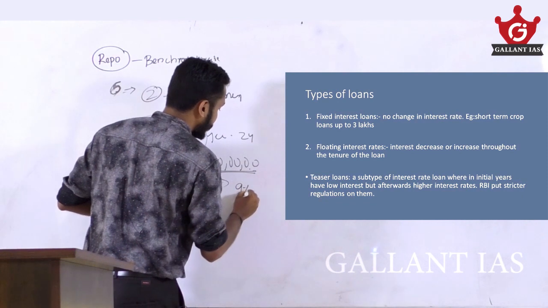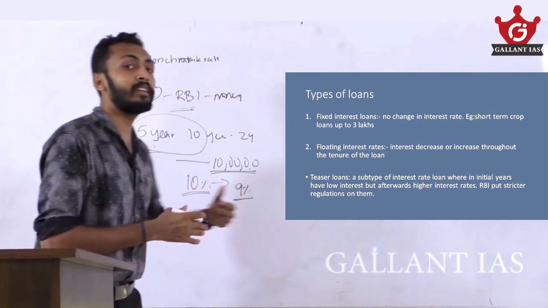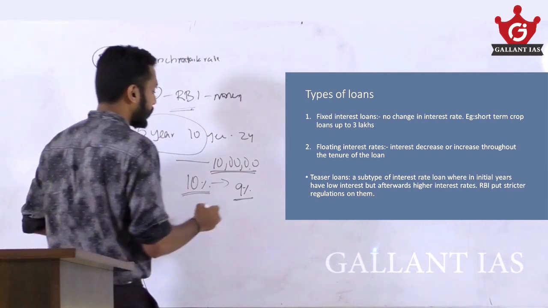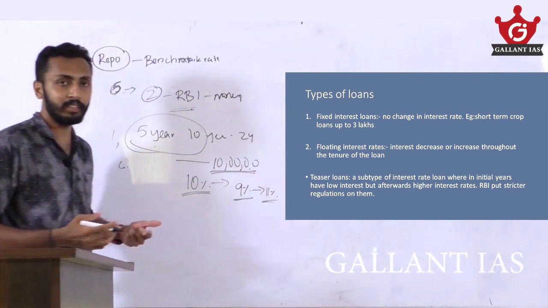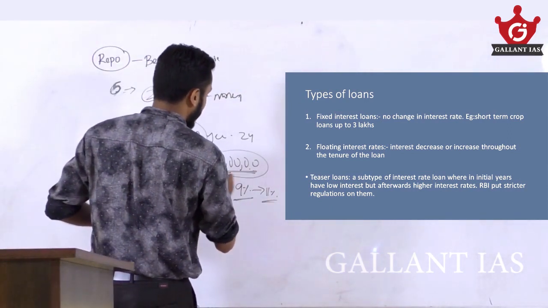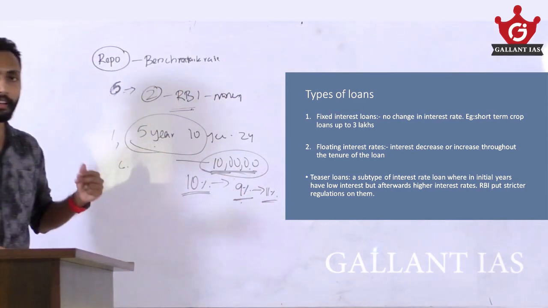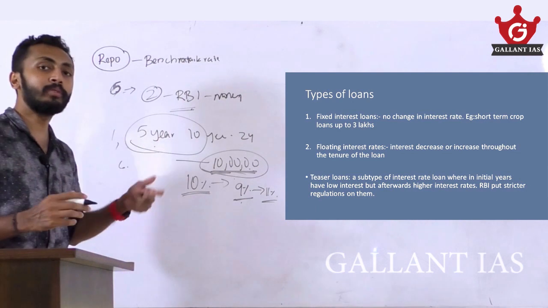Banks may decrease the interest rate to 9%. Then after 2 months RBI increases the rate, and banks are forced to increase the interest rate. They may increase it to 11%. So even though the amount taken is the same, the interest rate banks decide will change from time to time.